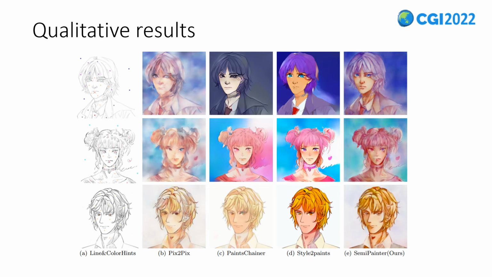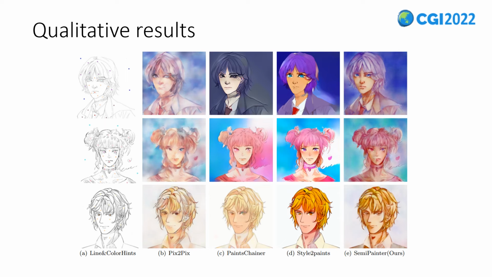The second group is our final results. We use the same user hints to get the generation. Compared with pix2pix, shown in the second column, they cannot produce usable results.